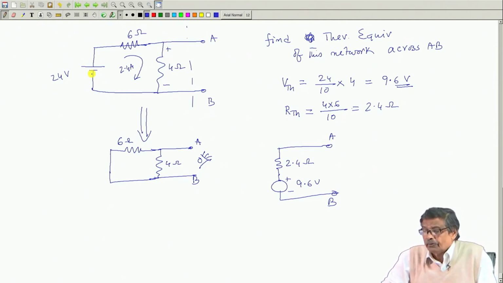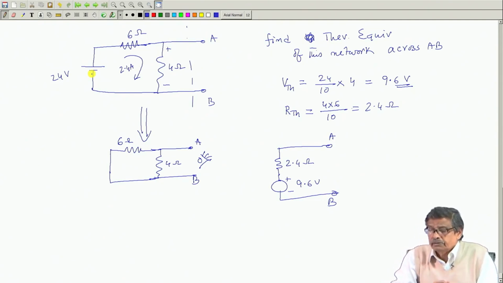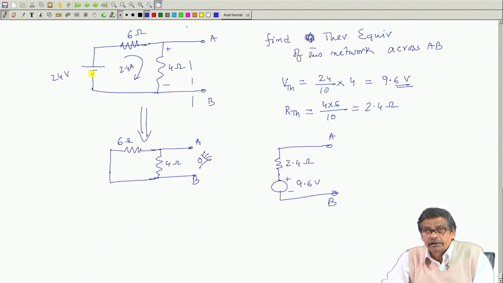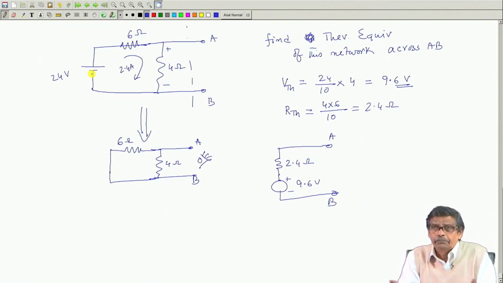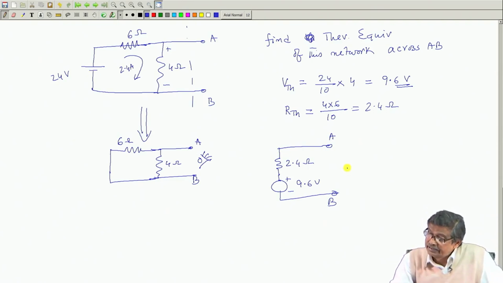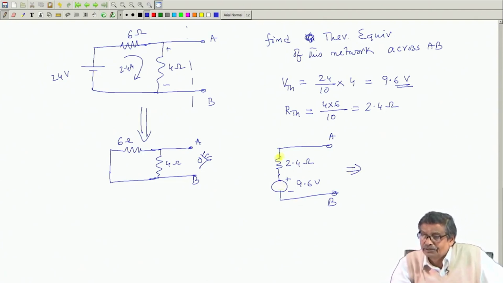Now, sometimes while solving problems, to find out particularly R Thevenin's, so Norton's and Thevenin's theorem are reciprocal things. So, this thing we have already seen in our very initial lectures. A voltage source in series with an impedance can be replaced by a current source, 9.6 by 2.4, that is the short circuit current.